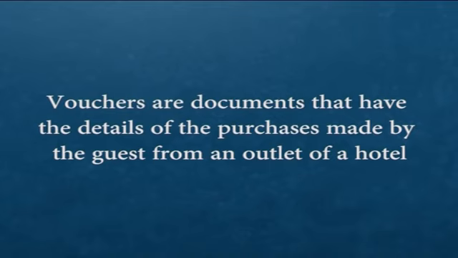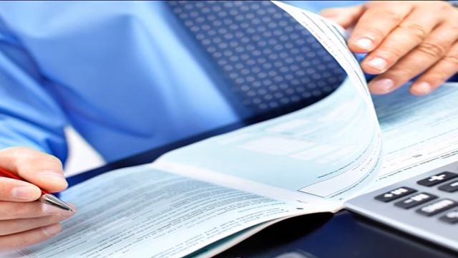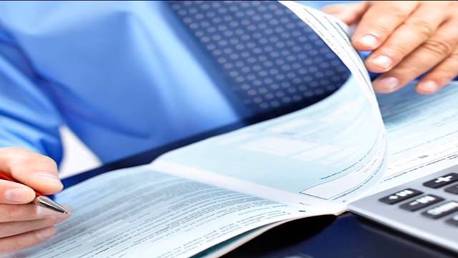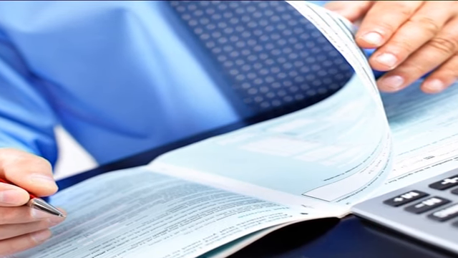Vouchers. Vouchers are documents that have the details of the purchases made by the guest from an outlet of a hotel. This is sent to the front desk and they carry out the posting process in the guest's folio. Vouchers act as a supporting document of the transaction that happened between the hotel and the guest.